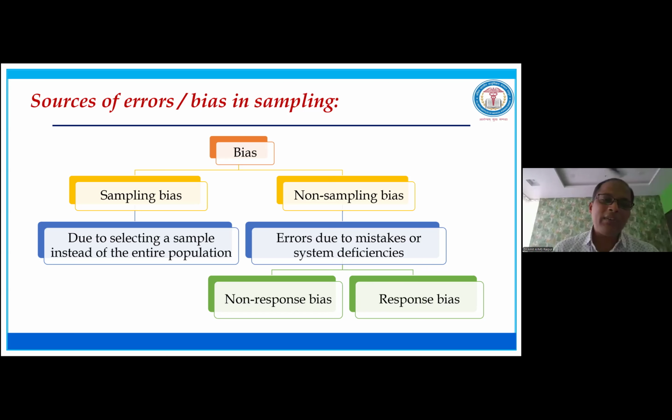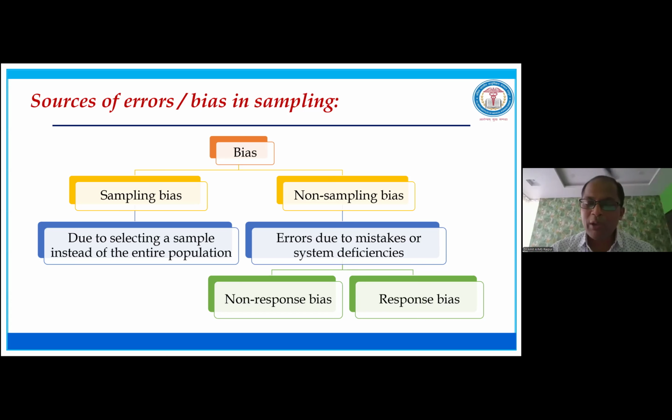Sampling bias is due to selecting a sample instead of the entire population. As I told, we are taking a small sample of the target or reference population, not exactly the target or reference population. That's why there is always a difference between the sample statistic and the population parameter. And that difference, that error, is known as the sampling bias. It is because of the sampling.